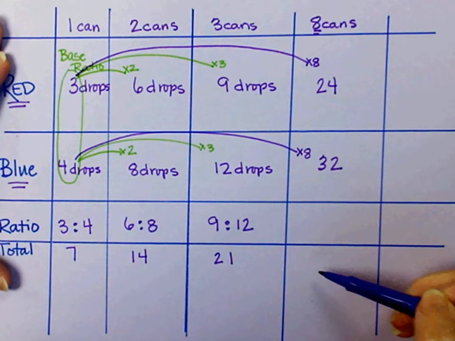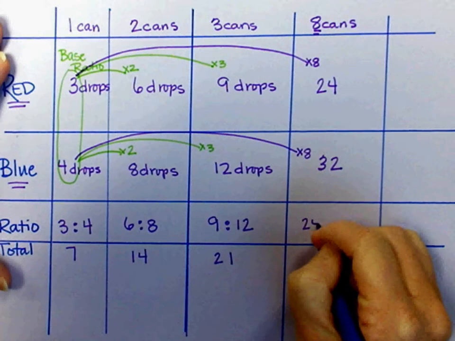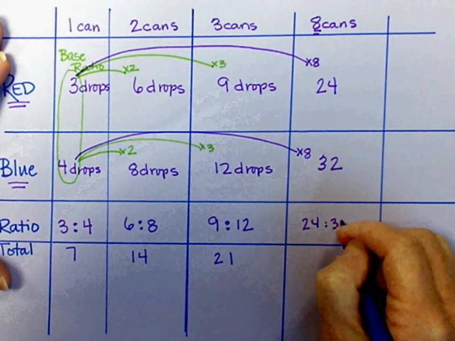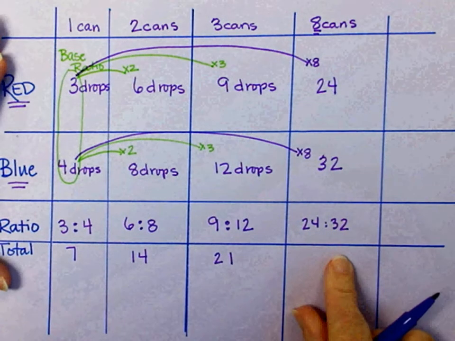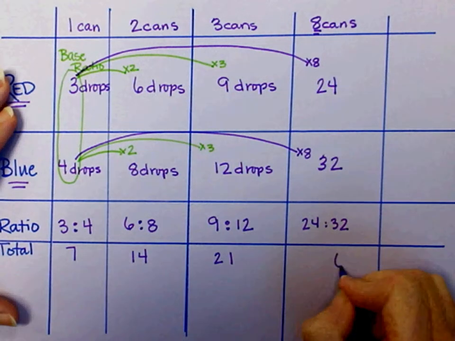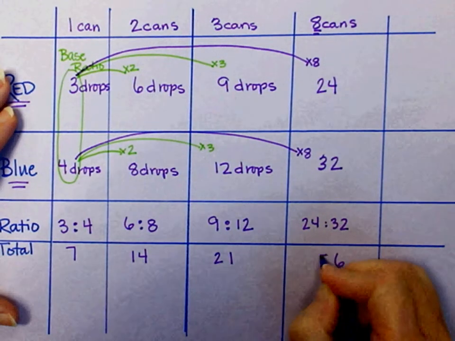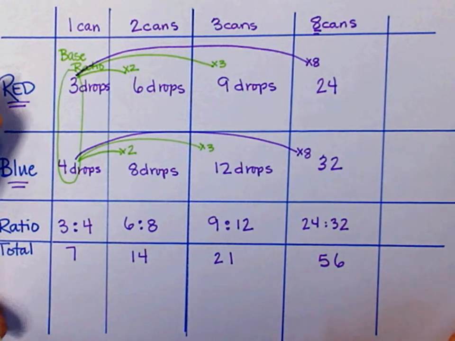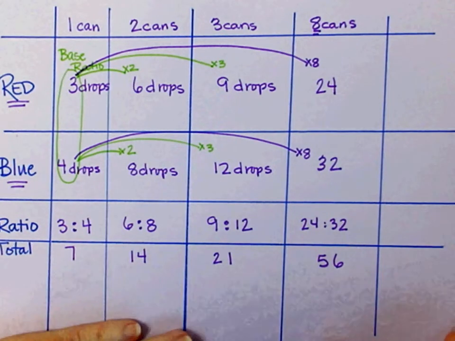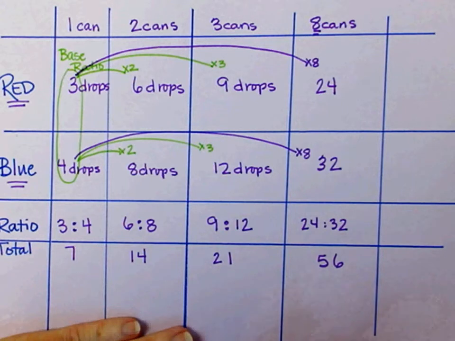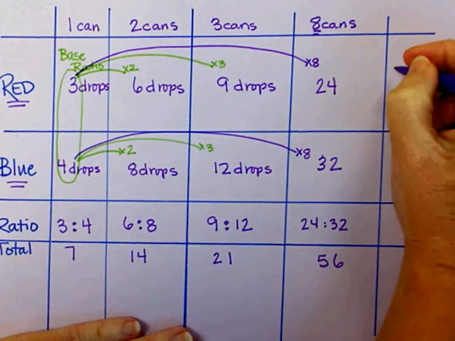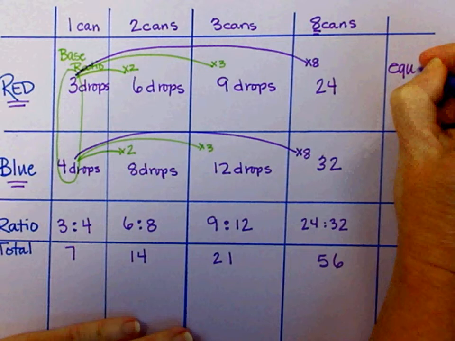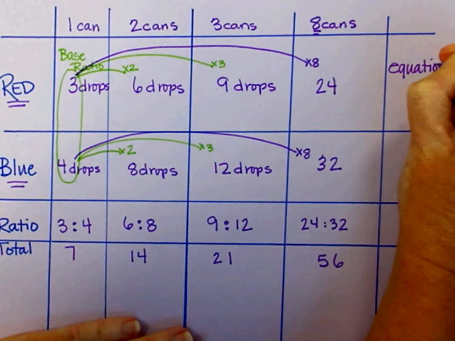If my ratio is 24 to 32, when we add this together, we end up with 56 total drops.